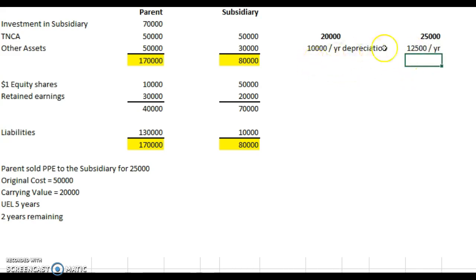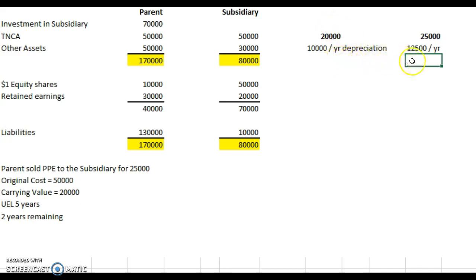So, of course, there's a discrepancy there. The asset has not transferred out of the group. It stayed within the group, and yet we're charging an expense of $2,500 greater depreciation. So we need to remove that as well. So the first part is the profit, and the second part is the depreciation.